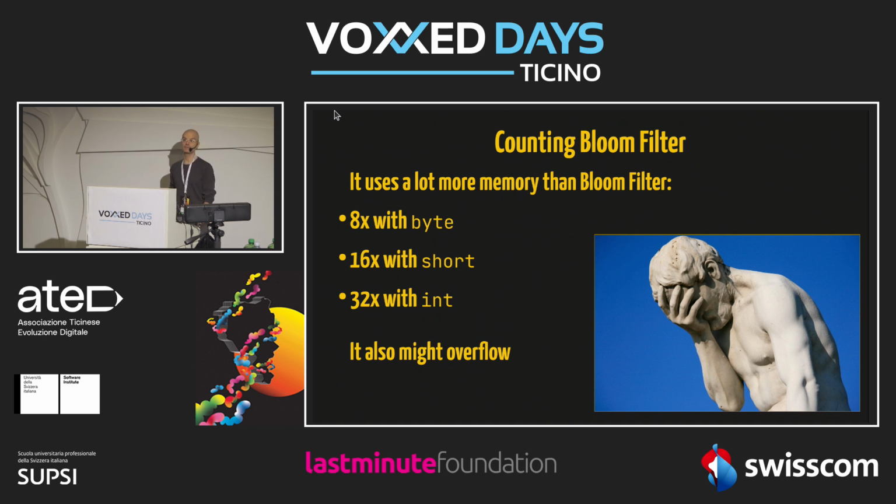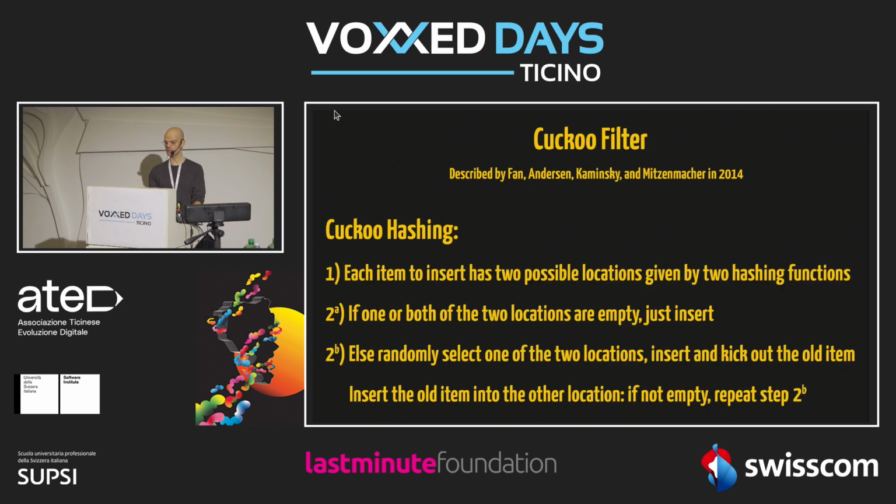And the issue is that it might overflow. So it's probably not a good idea to use it in a very generic case, but we have to know very precisely what the use cases of our application are.